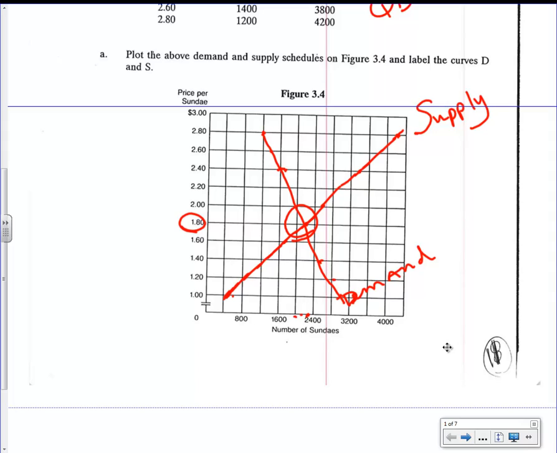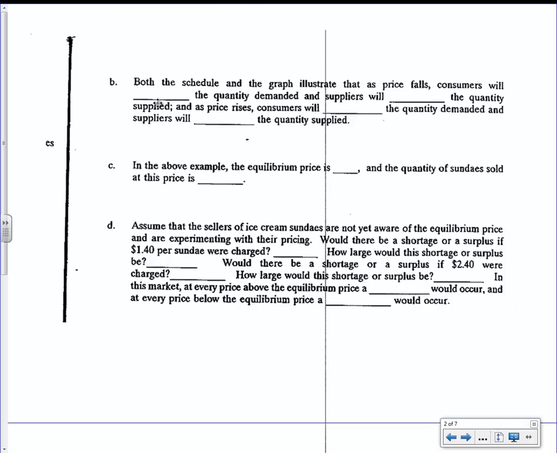Okay, let's go to the second page. It says, both the schedule and the graph illustrate that as the price falls, consumers, meaning buyers, will increase their quantity demanded. So if the price falls, quantity demanded rises.